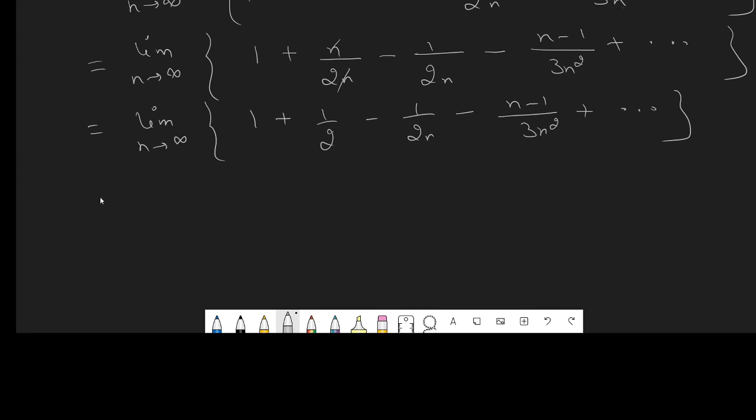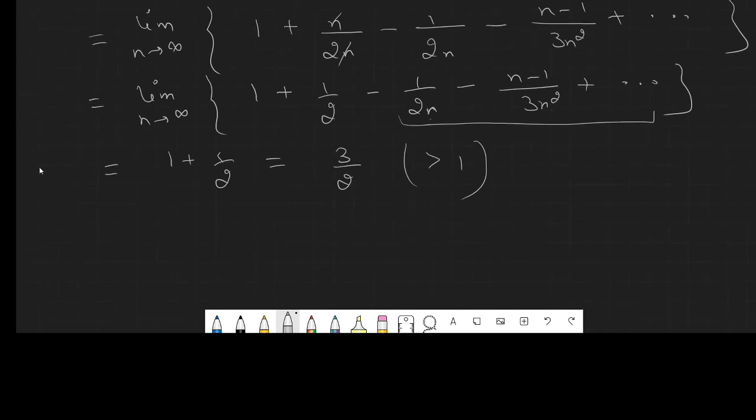Now if you take limit n tends to infinity, these whole terms will tend to 0 because of n in the denominator and lesser power in the numerator, so it will only come out as 1 plus 1 by 2, that is 3 by 2, and this is greater than 1.